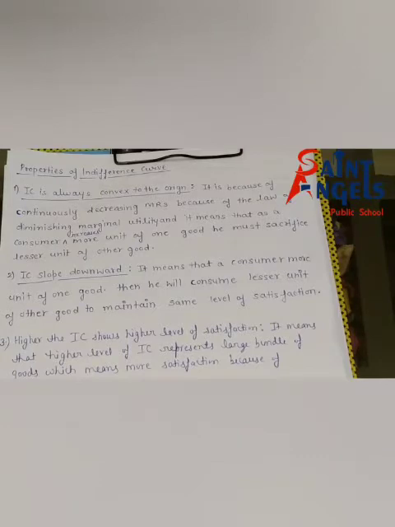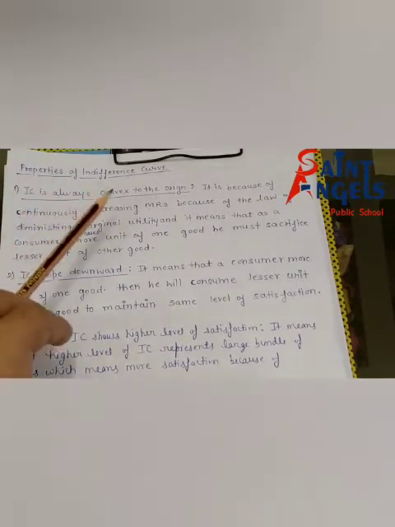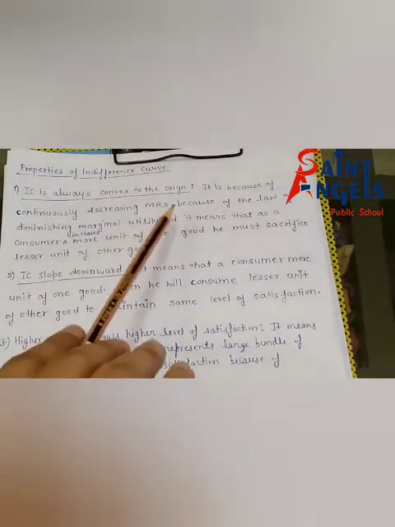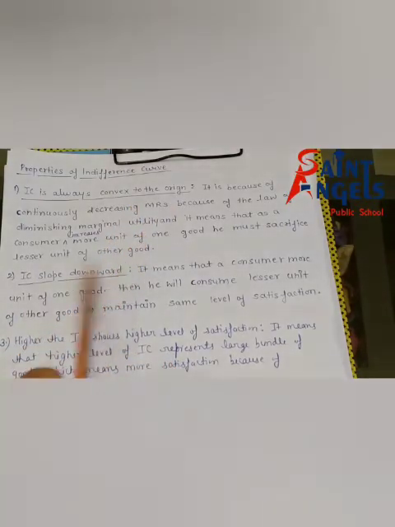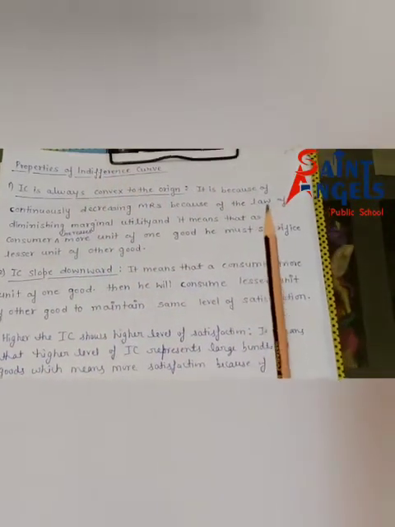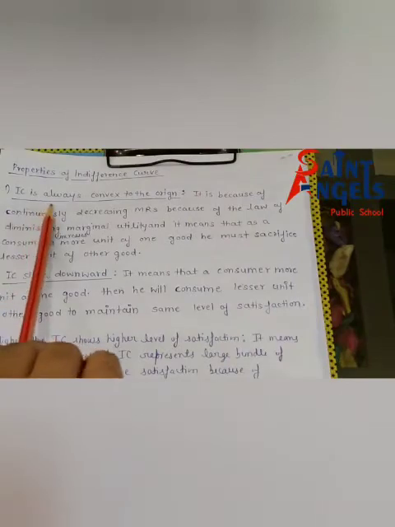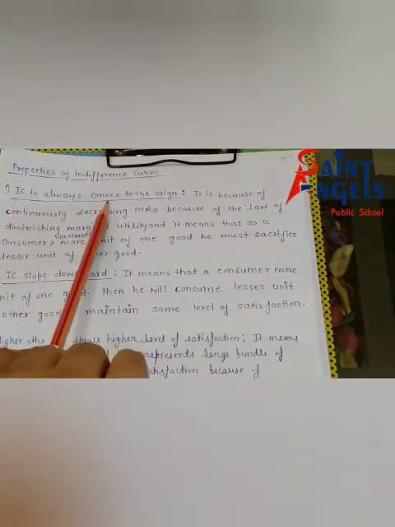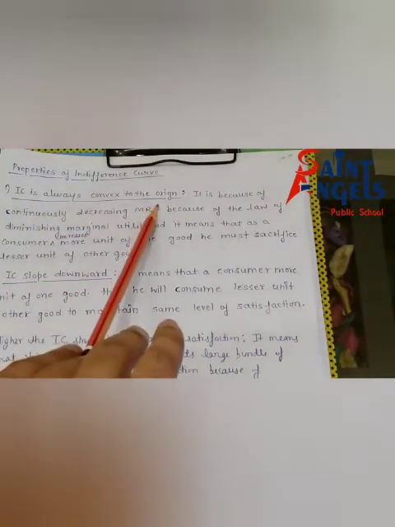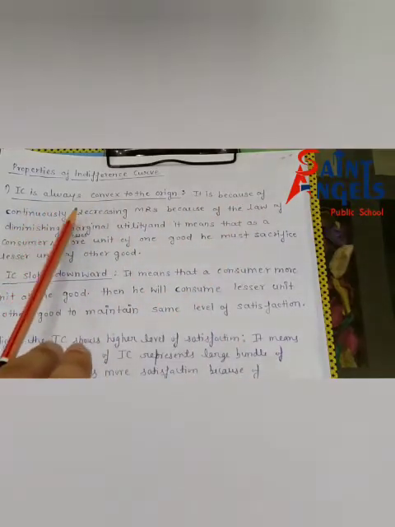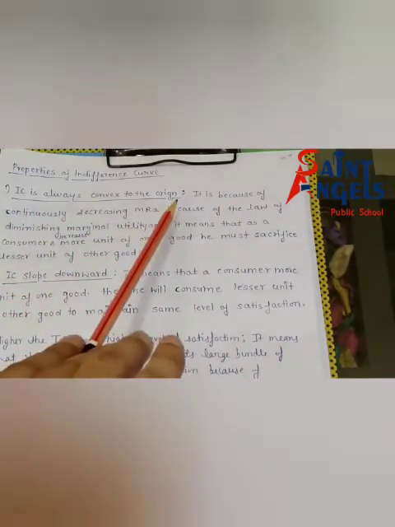It means that the shape of IC will be a straight line. I hope all of you have understood why IC is convex to the origin. You will say that it is because of continuously decreasing MRS.